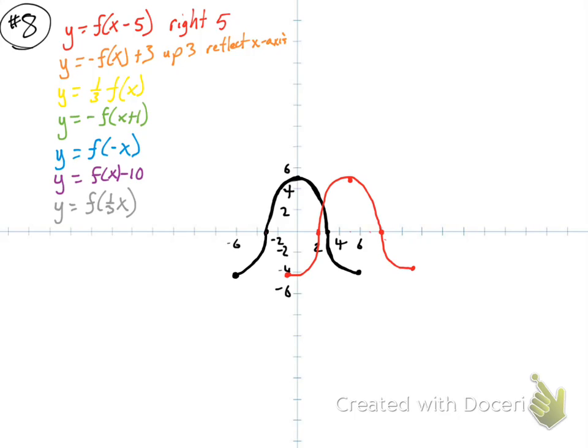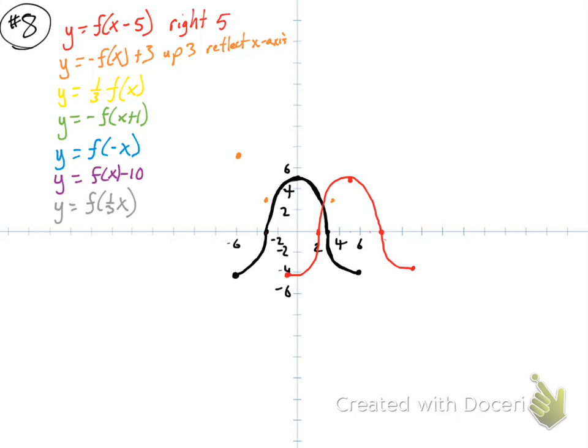So I'm going to go ahead and do that. Now, if I think about this point right here being a negative 4, then if I reflect that, that becomes a positive 4. And then if it goes up 3 from there, that means this point is now going to be up here at 7. And this one is 0, doesn't change, it just goes up 3, which would take me to 3.